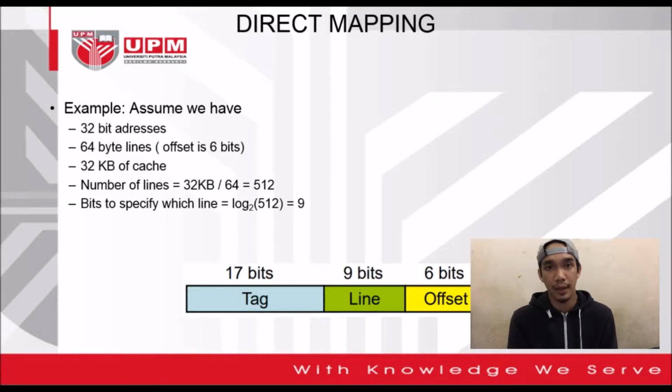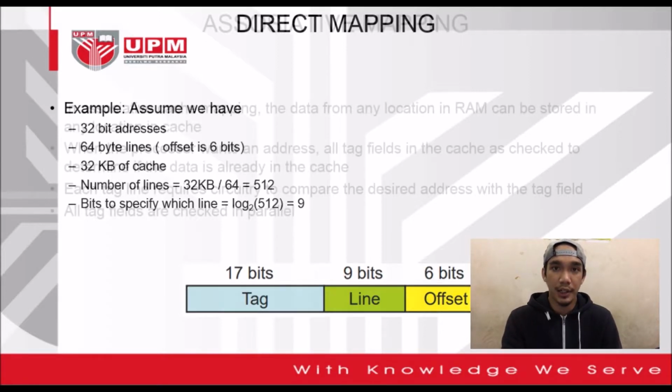Using that 512, we substitute into the formula for the number of lines to find the middle part, which is log2(512) = 9. That 9 is used as the bits for the line. So we have the offset of the word of 6 bits, the line in the middle of 9 bits, and the remaining tag is 17 bits.